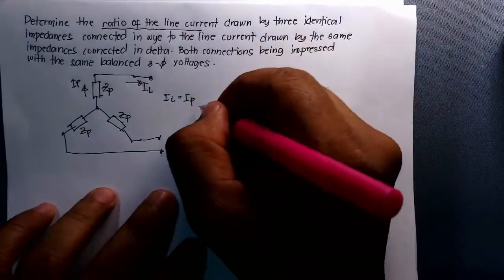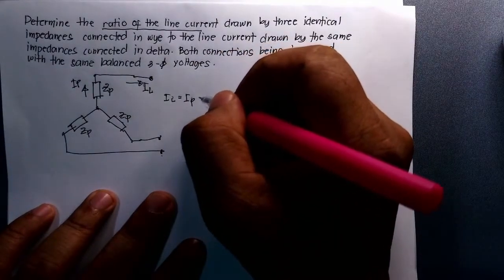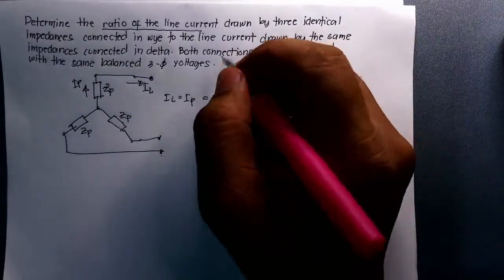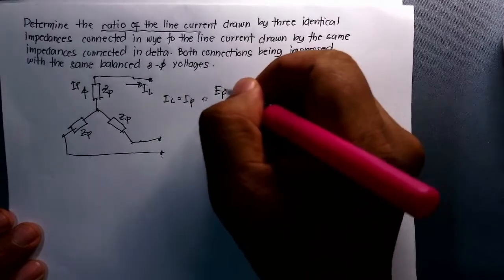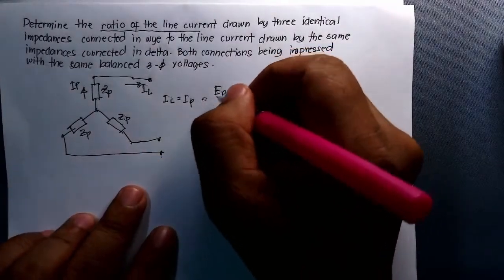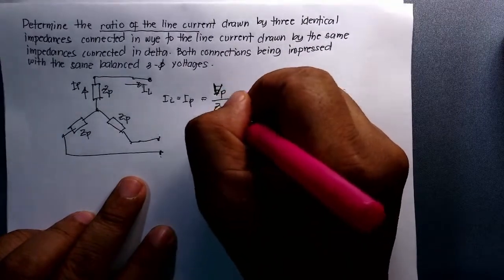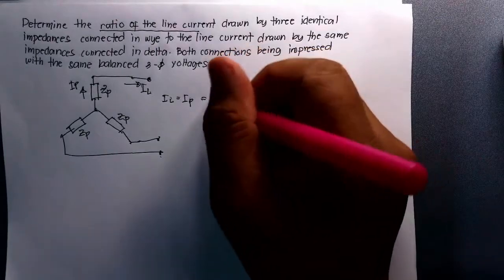The phase current can be solved using Ohm's law, which is the phase voltage, let me just use V sub P over Z sub P. Okay, so that is the value for your phase current.